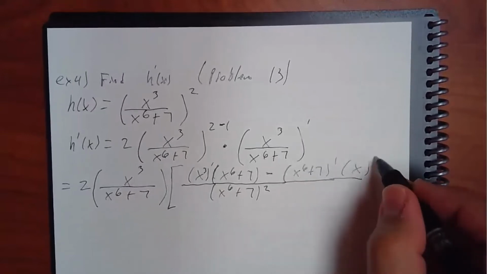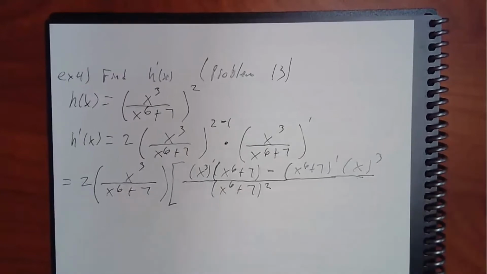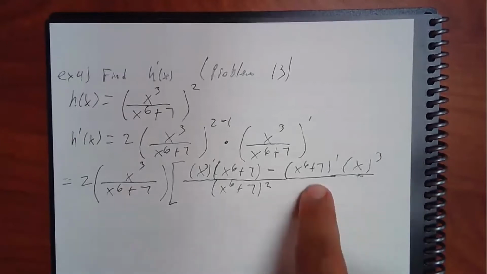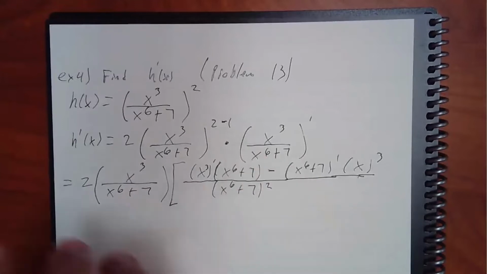Let me double check something. I'm always paranoid on the quotient. Here it is. Minus f g prime. Okay.